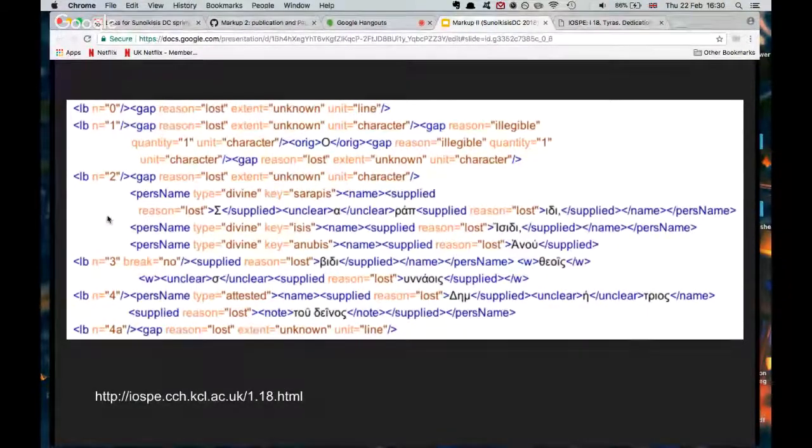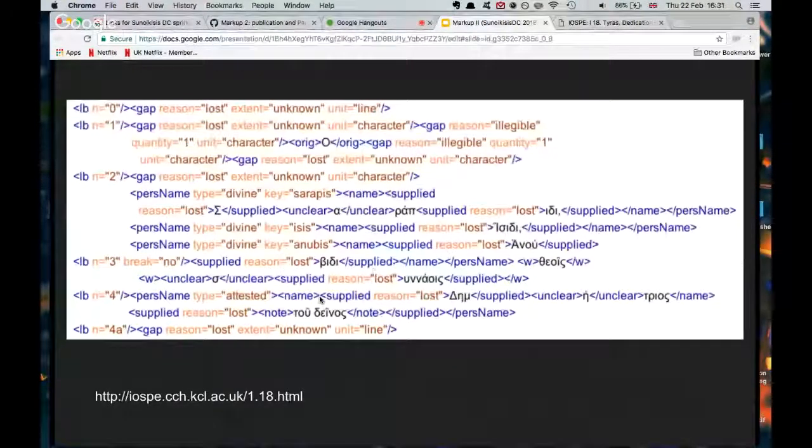You number your lines first, and then you start marking up, because otherwise, when you add all of these tags, it will be difficult to find your way. Okay, so we've seen how we encode a combination of supplements, unclears, and surviving text. So we have lots of names here, all of them in a combination of supplied and existing.